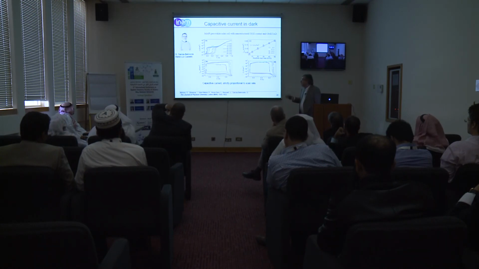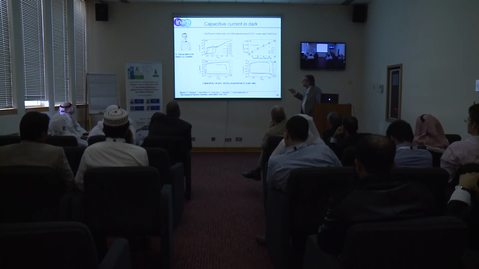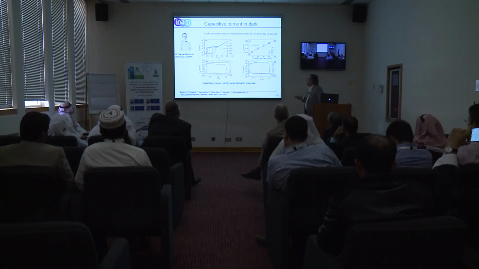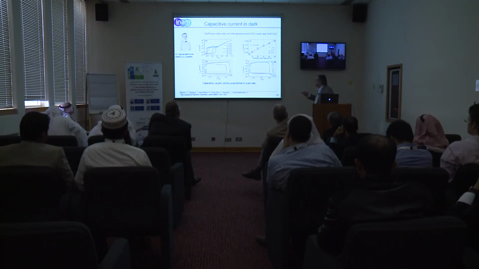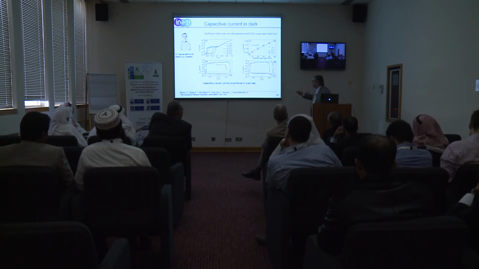But in dark we do know, thanks to this work, that if you do scans at different velocity, then you find this square opening of the JV curve, and you can show that you can subtract, for example, the steady state curve, and then you have the totally square capacitance, independent of voltage in this case.